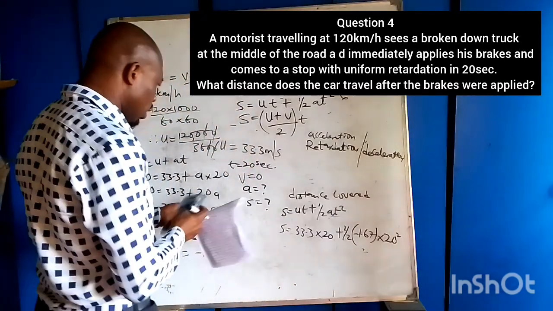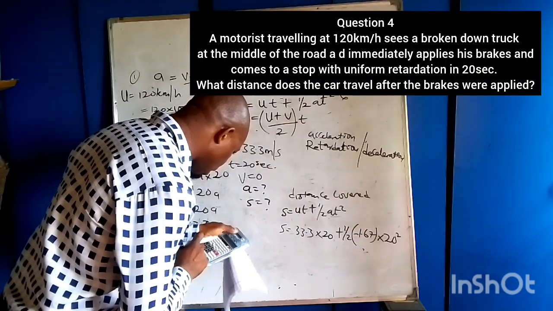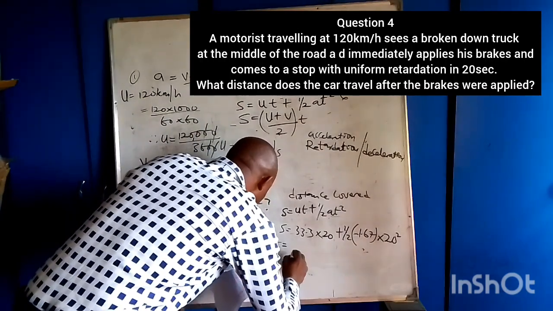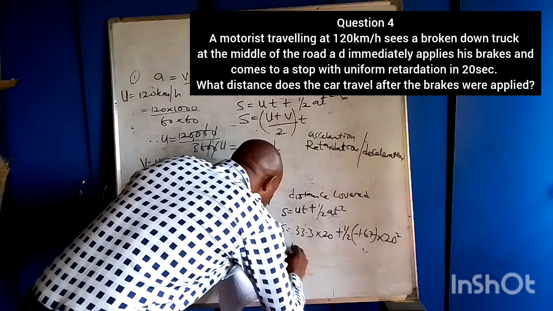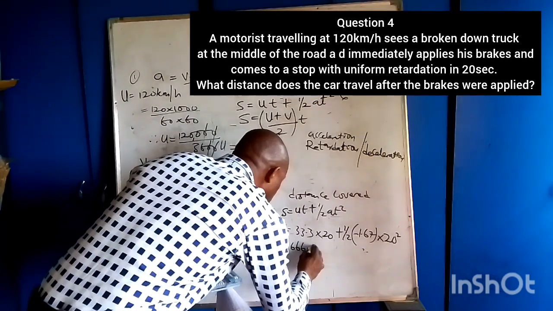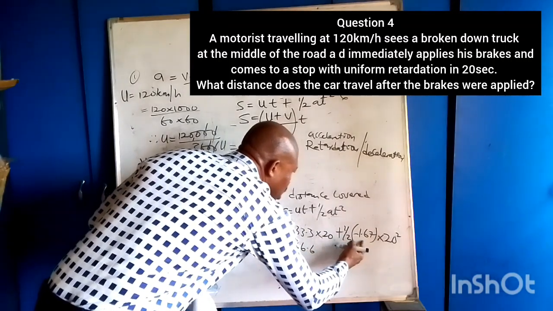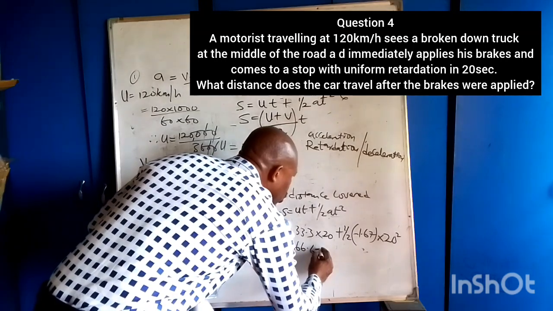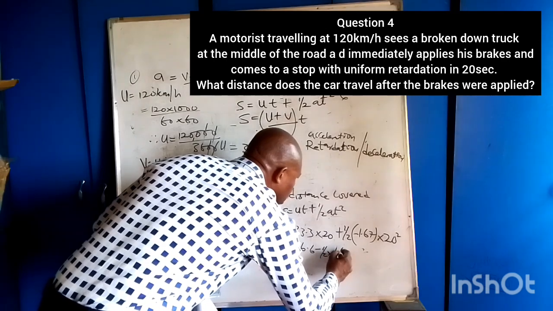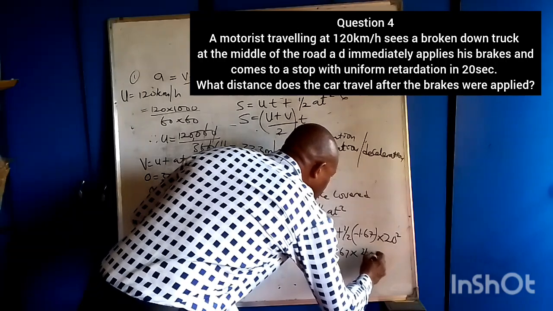So 33.3 times 20 will give us S is equal to 666.6. Now, if you open this bracket, half times this will give us minus half times 1.67 times 20 squared, and 20 squared is 400.